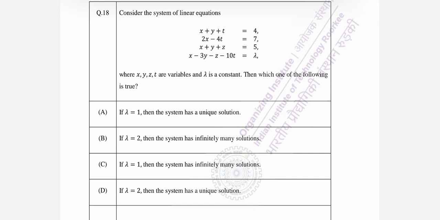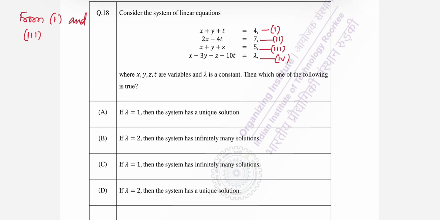I write in red, and I mark the equations 1, 2, 3, and the last one is 4. Okay, so if you see the first and third, I write here from first and third.